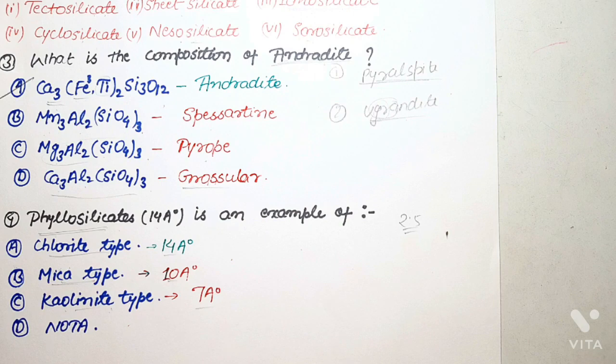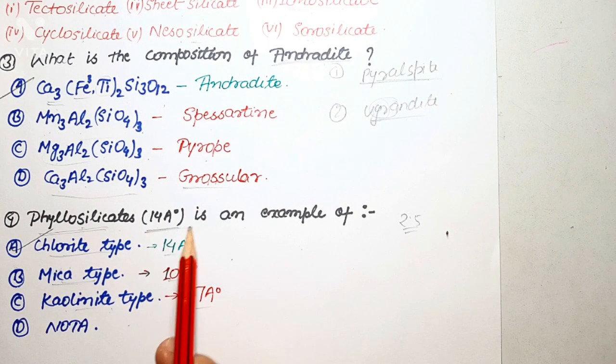So the question is asking about 14 angstrom phyllosilicate, so the correct answer will be chlorite type. If this question were asking about 10 angstrom, then the answer would be mica type, and if the question were asking about 7 angstrom, then the answer would be kaolinite type.